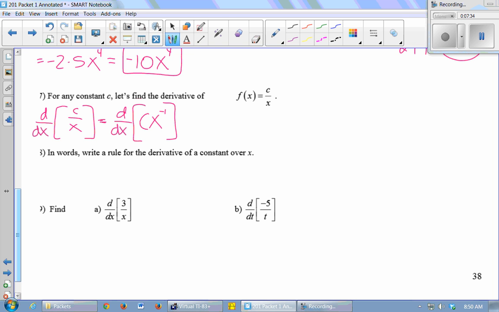You can move that x up to the numerator as long as you make the exponent on that x negative. Okay, so now I use the power rule. Bring the negative 1 down in front and multiply it by the c. So you're going to get negative c. Copy the x. Subtract 1 from the exponent and you get negative 2.